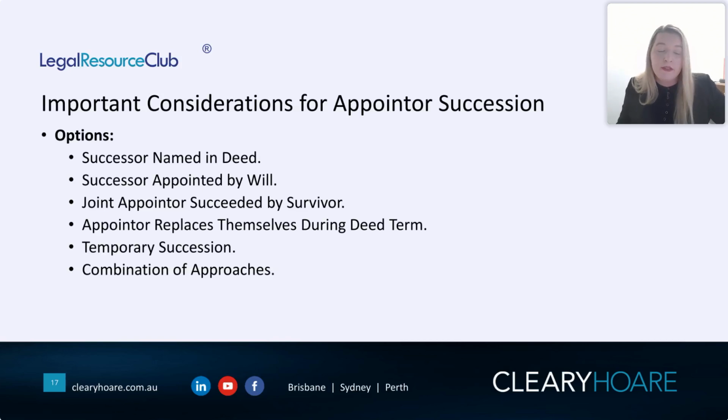So you may also have it built into the deed that you can have a temporary appointor if someone were to be ill for a period of time, or even if they were going overseas and not able to fulfill that role, you might have an appointor for a temporary period. But normally you will have a combination of all of these different approaches to allow for that flexibility. But a really important part of a trust deed is ensuring that we do have an appointor at all times, so there's no confusion as to who maintains the control.